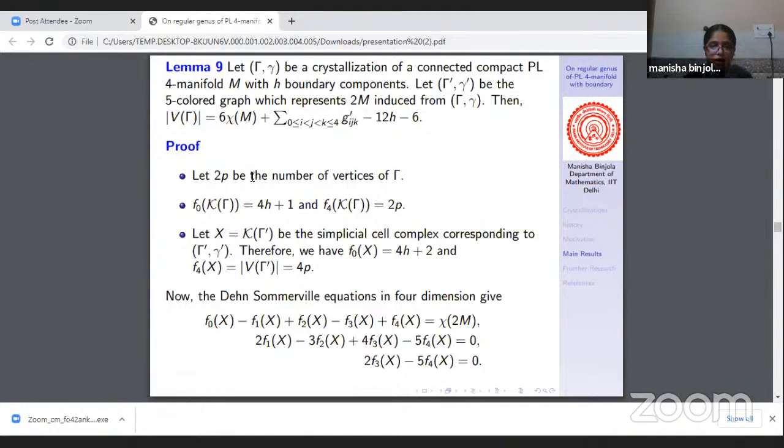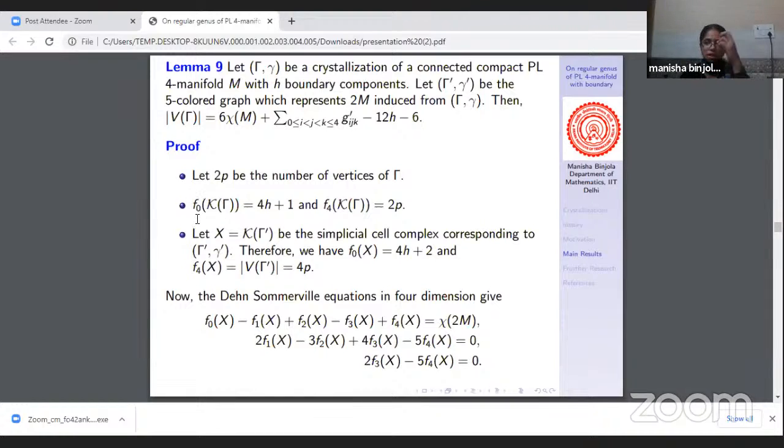So let 2p be the number of vertices. Then these fi's are the standard notations, it comes from f vectors, and it means that fi is the number of i simplices. Okay, so the number of zero simplices, vertices.